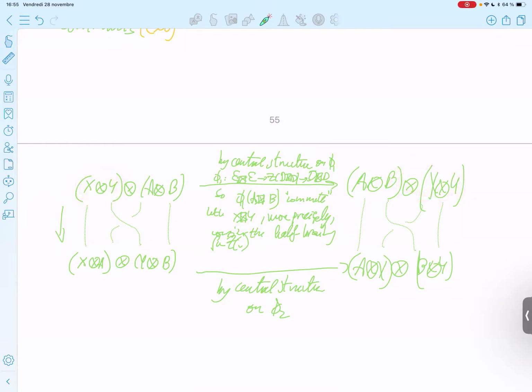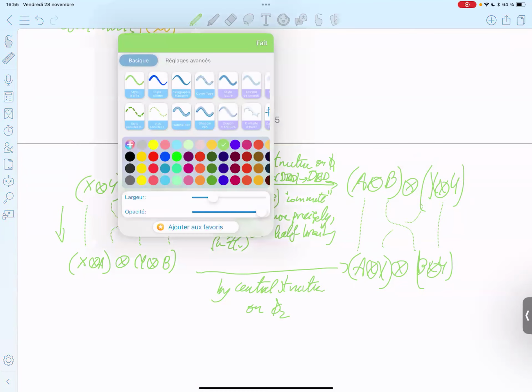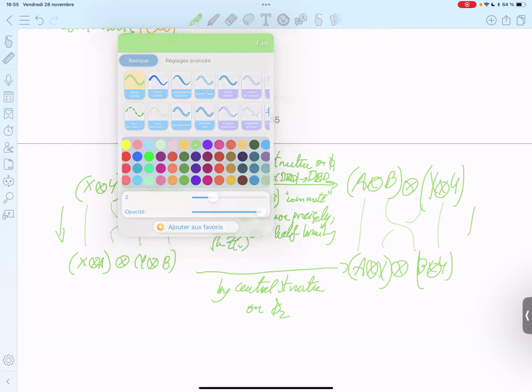Anyway, okay, and this is the other arrow. It's almost time, let me take a few minutes.